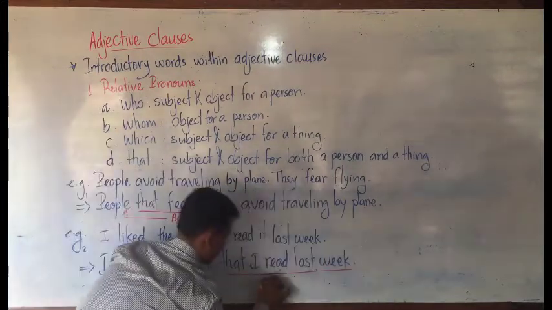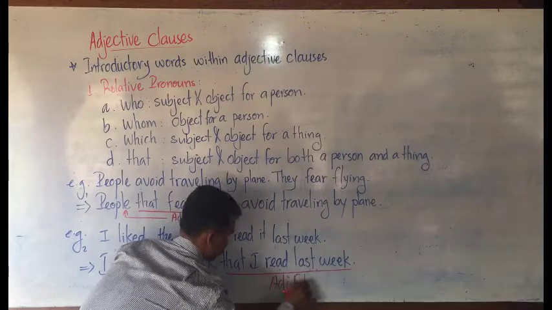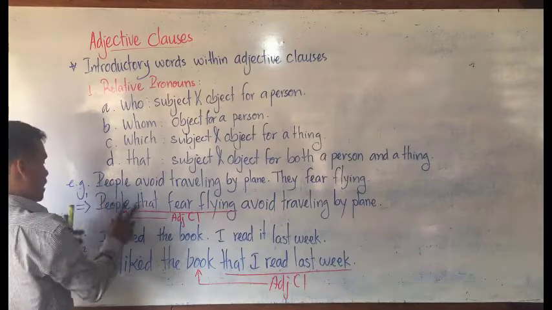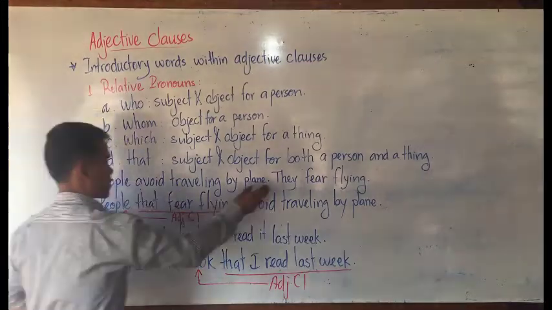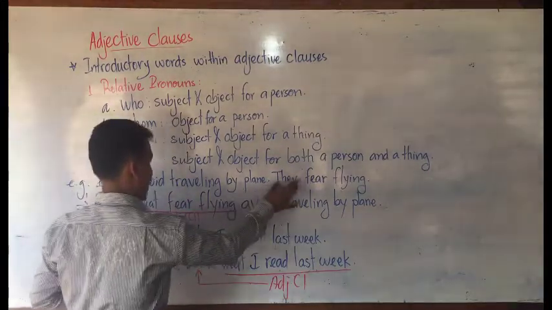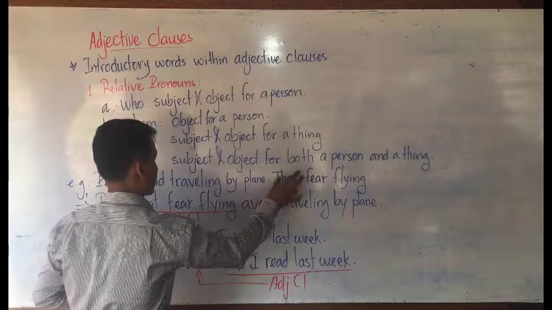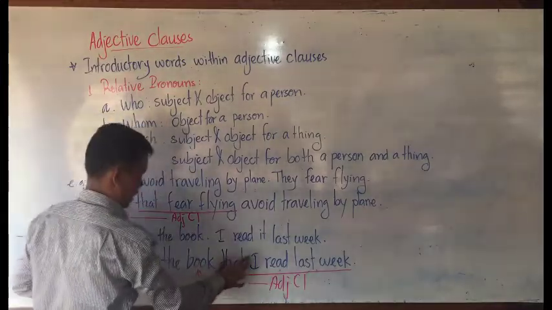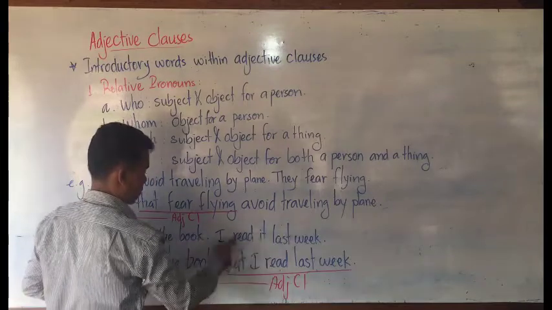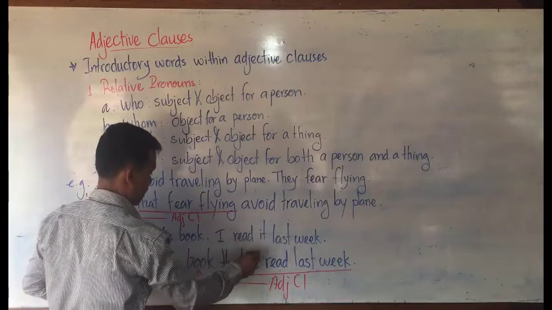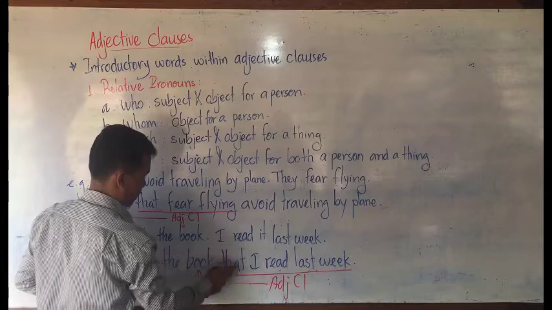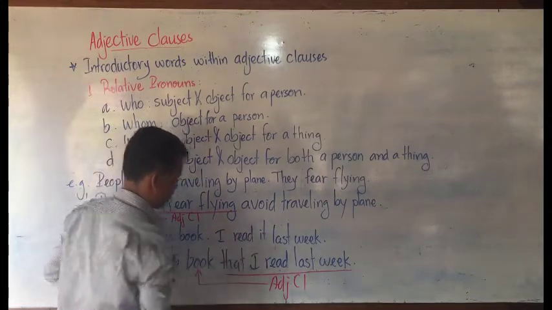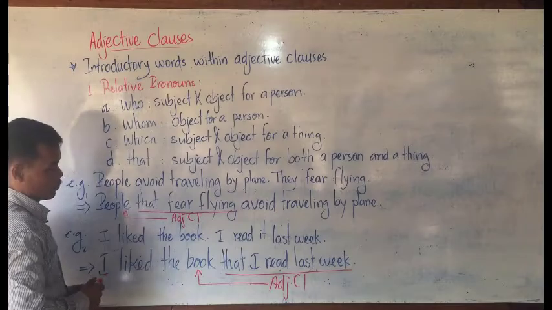From "that" to "last week," it is a defining relative clause. It modifies "the book." In the first example, "that" functions as subject because it replaces "they," which in the simple sentence is the subject. In the second example, "that" is the object because in the simple sentence "it" is the object of "read." That's why "that" replaces "it." "That" here is the object too.